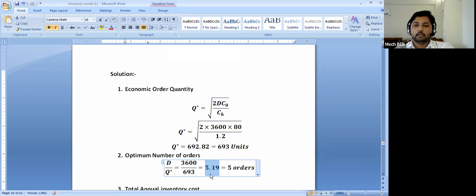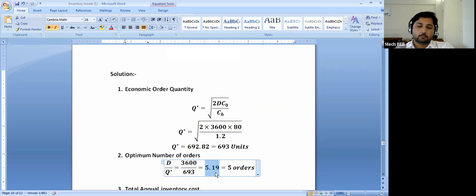Remember that orders are not sent in decimal points; there will not be a half order or a point-two order. So we need to convert the decimal into a whole number. While considering orders, consider the full order.